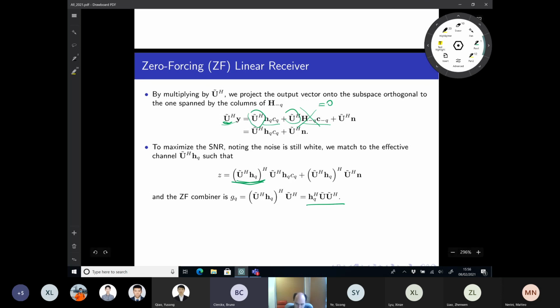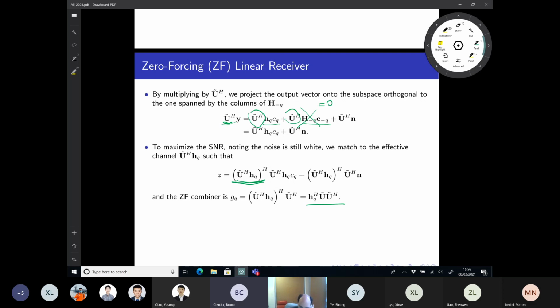It's not exactly the same, because when you force the interference to 0, you actually don't care about the noise power. You just want to get rid of the interference. And so what can happen is that if the interference is not that significant, but you still force the interference to 0, this can actually not be a very good idea, because if the interference is not that strong compared to the noise, you better take into account the noise rather than trying to force the interference to 0, right?